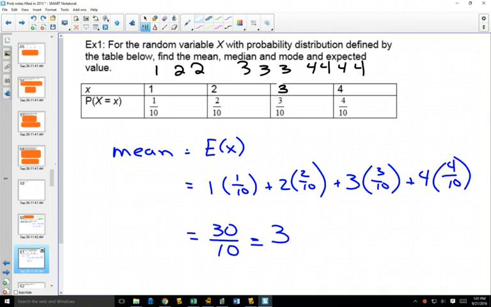If you wanted to figure out your average in that class, you could add up all those numbers, 1 plus 2 plus 2 plus 3 plus 3 plus 3. Add them all up, it adds up to 30. Divide by 10, because there's 10 items, you would get 3. Same thing happens with our formula. Our formula has the probabilities built in, but we could think of an actual example to see that.